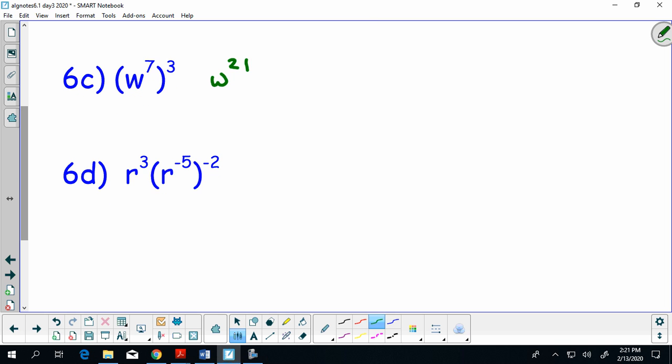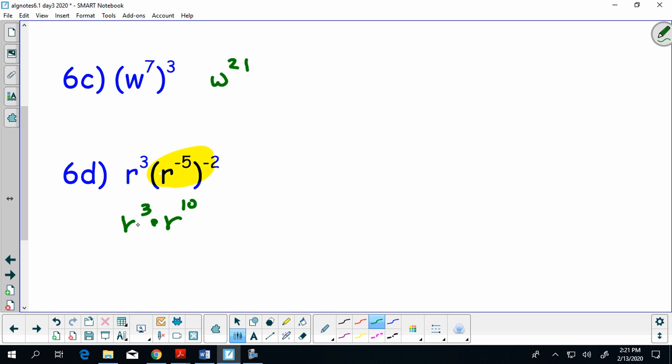Number 6D is the first one where we have a power rule and a product rule, so we're going back to what we did yesterday. First we do this part, because PEMDAS says you must do exponents before multiplication. So this r to the third is multiplied by the answer to this. I drop the r to the third times, and this would be r to the negative 5 times negative 2, which is 10.